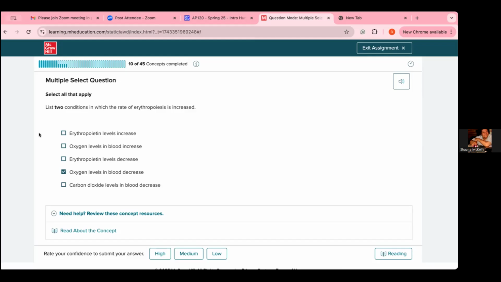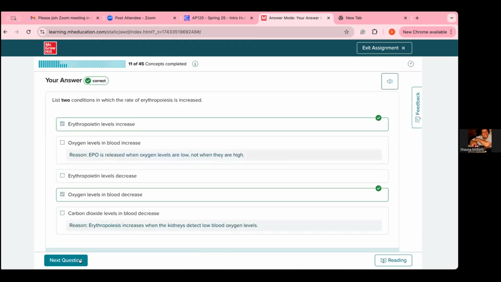The first one. Because the hormone, the poietin is the hormone, and then the development is the poiesis part of it. All right.